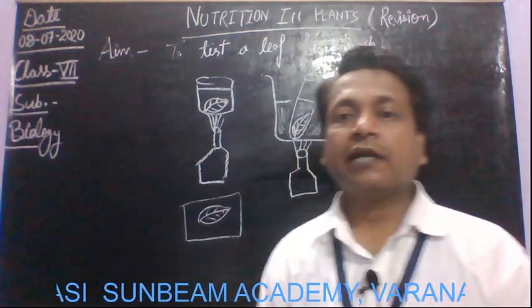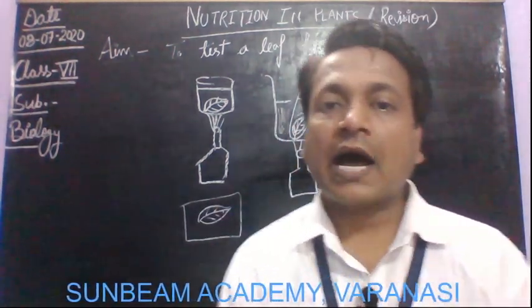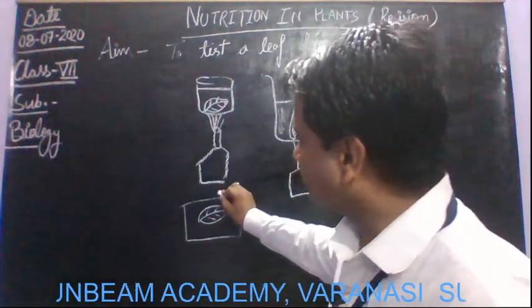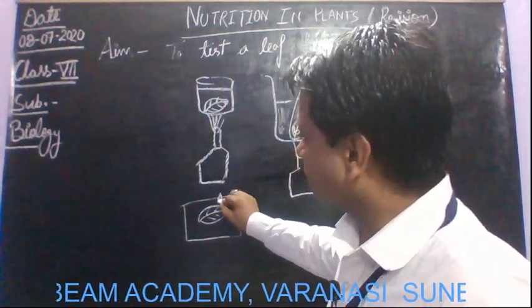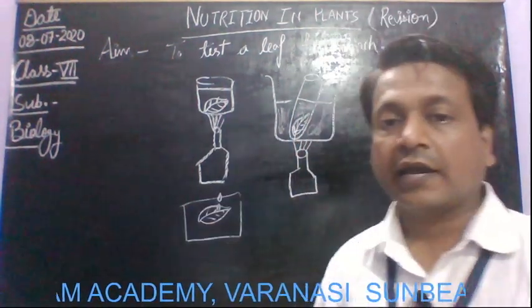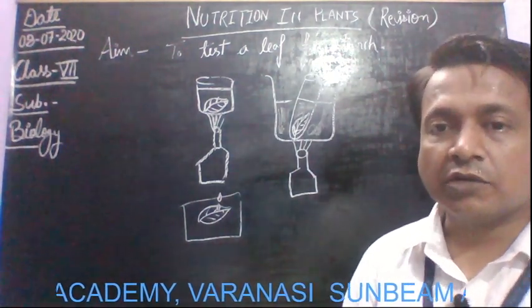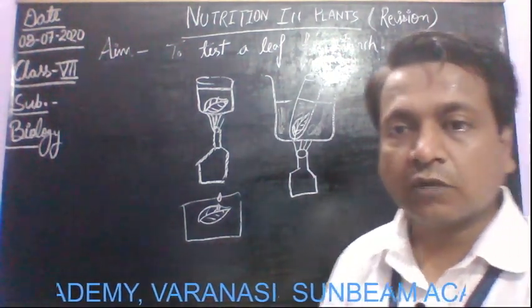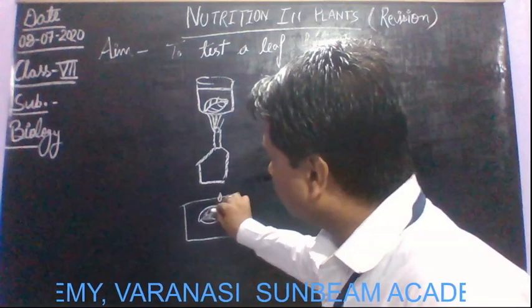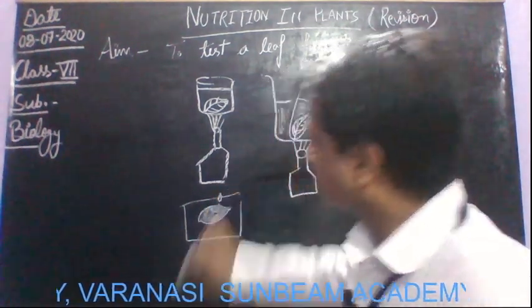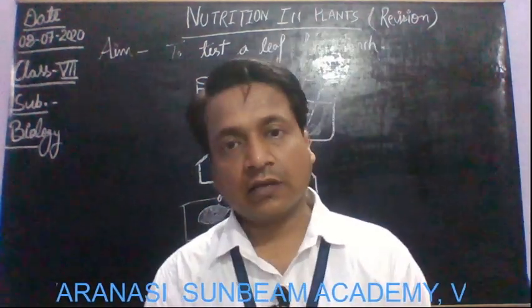And after that, put some drops of iodine solution on it. After putting the drops of iodine solution, you will observe that the leaf becomes blue black in color.